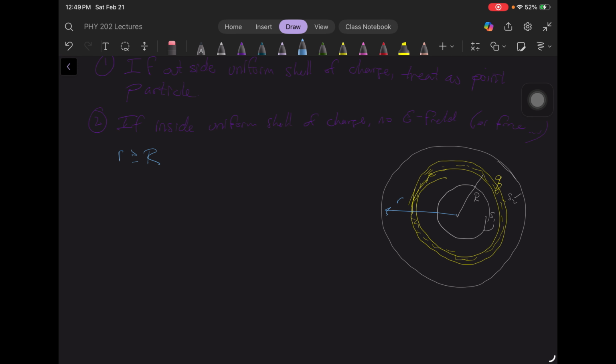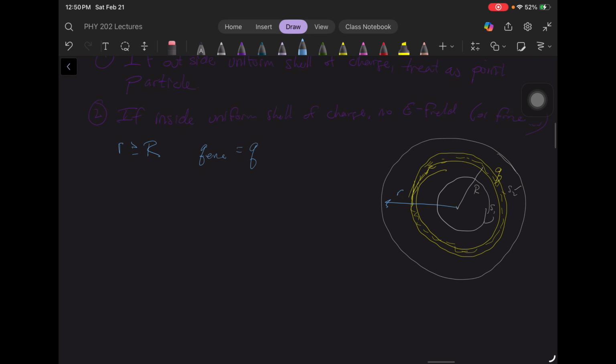And let's see what we get. Q enclosed is just Q, right? And so let's look at the left-hand side of Gauss's law. Epsilon naught integral E dot dA. And let's go ahead and draw our Gaussian surface, right? And so we're at some value R greater than big R. And so we're going to use S2 as our Gaussian surface, right?